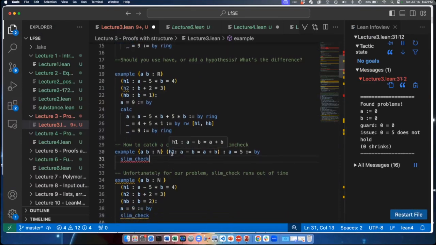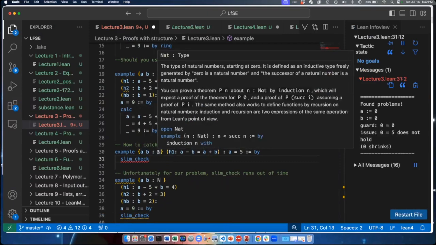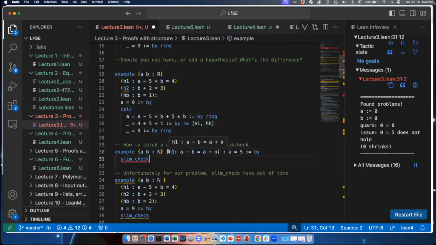So here's a very simple case. A minus b is equal to a plus b for natural numbers. And I'm saying this is true for all natural numbers a and b, but this is not going to be true if a and b are anything but 0, really.